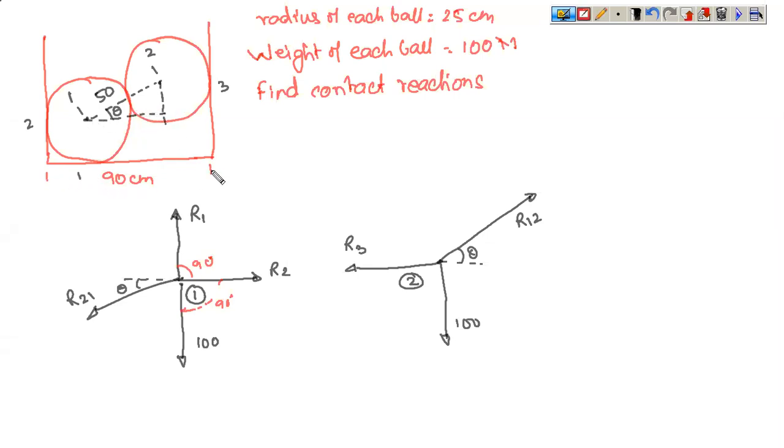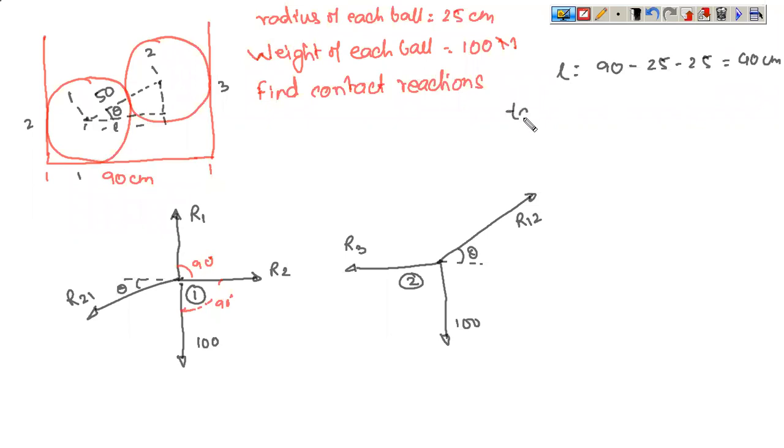This is 90. From 90, you are removing 25 here, and you are removing 25 here. So this length, let us say it is represented by L. So L is equal to how much? 90 minus 25 minus 25. From both the sides, the two radii are gone. So this is 40 centimeter.